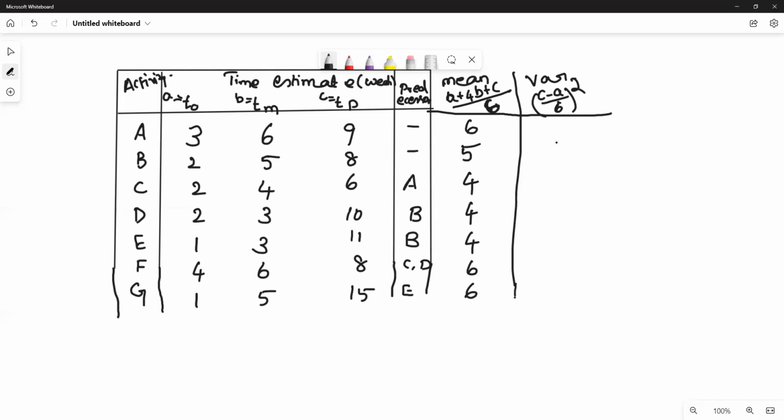Variance is calculated by taking the difference between pessimistic and optimistic, dividing it by 6 and then squaring.